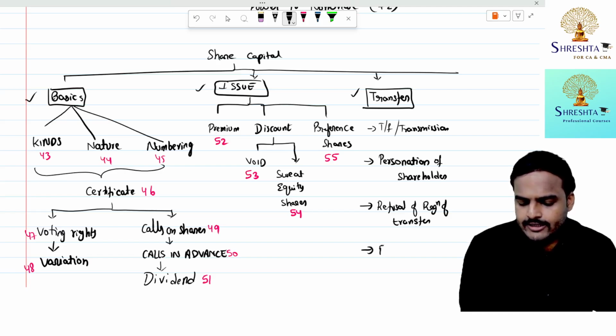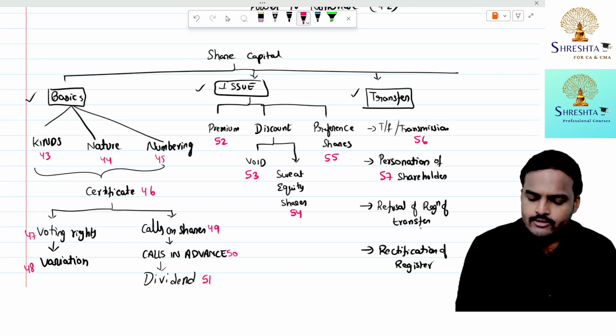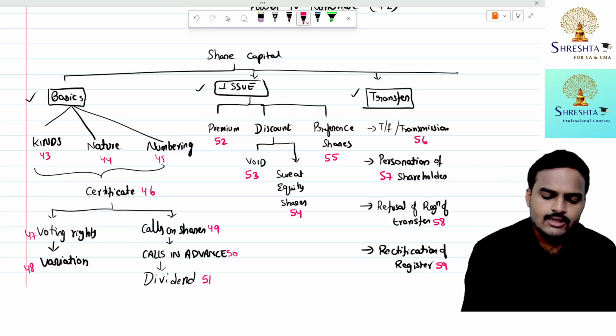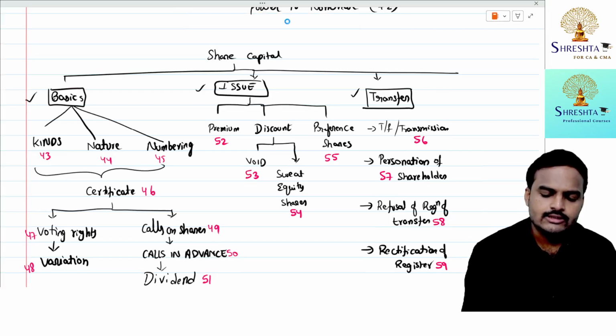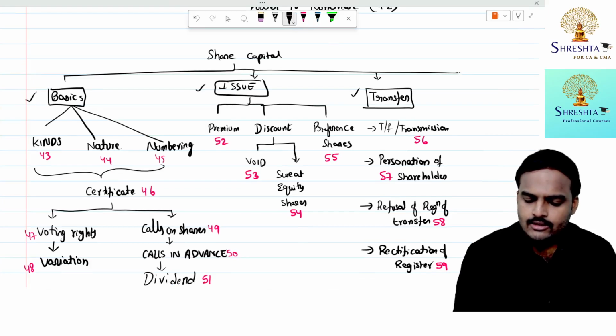And next one, rectification of registers. Come on, write the section numbers. Mark section numbers. Transfer transmission 56, personation of shareholder 57, refusal of registration of transfer and appeal against such refusal 58, rectification of registers 59. And coming to the last part, it is alteration of share capital. Last part, alteration of share capital.